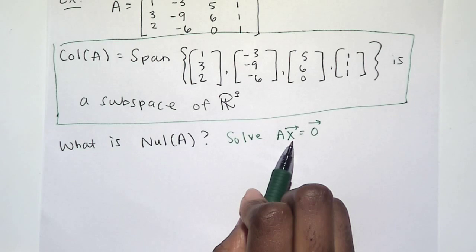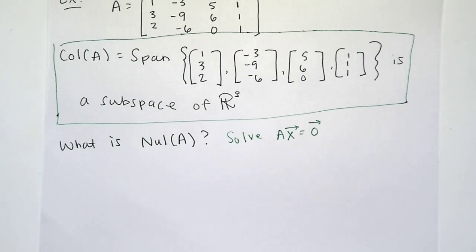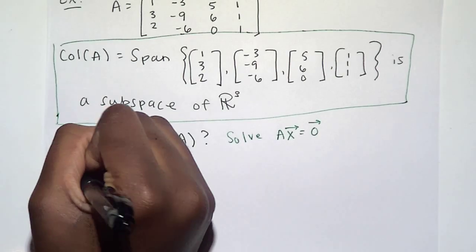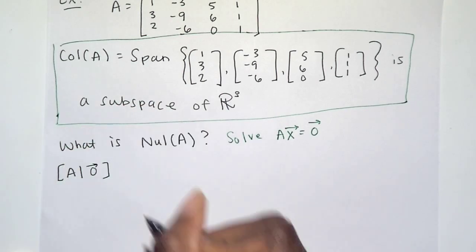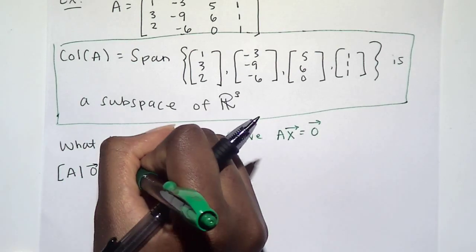So all these X values, that's going to be our null space. All right, so how do we solve the homogeneous system? Well, we need to set up an augmented matrix, right? With A on one side, 0 vector on the other side. All right, and then I'm going to put it in RREF.